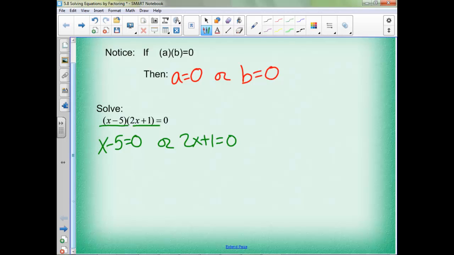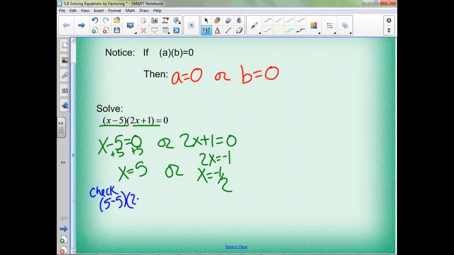And then we can just solve each of these, add 5. And we can just check this by substituting it in and making sure it works. Well, 5 minus 5 is 0. This is 11. 0 times 11 is 0. So we're good.